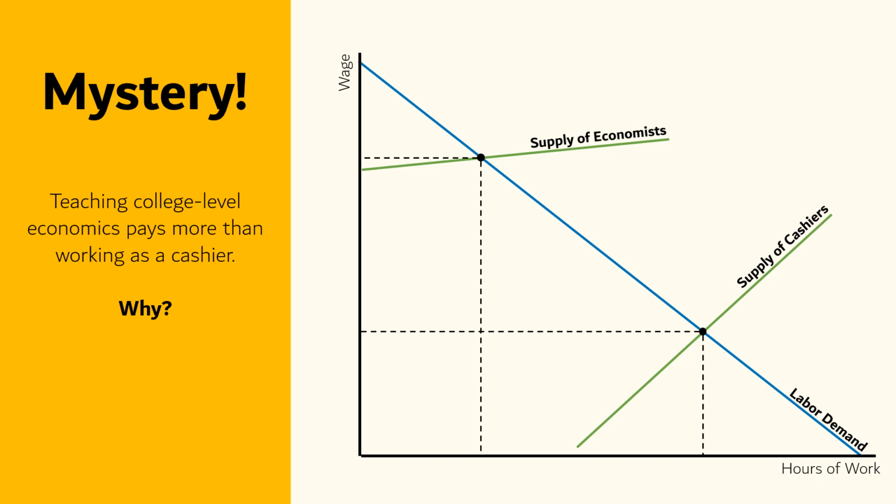There could be a difference in wages if there's a difference in the supply of labor. Far fewer people are capable and qualified to teach economics compared to those who are capable and qualified to be a cashier. And those with a PhD in economics have other lucrative job opportunities that keep the supply of economics teachers pretty low compared to the supply of cashiers.